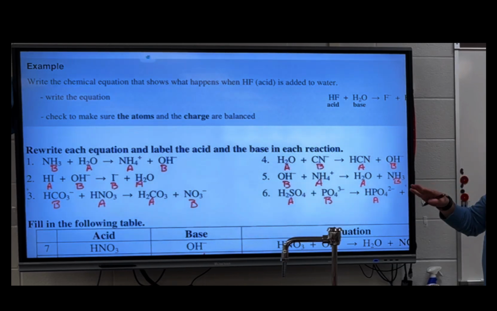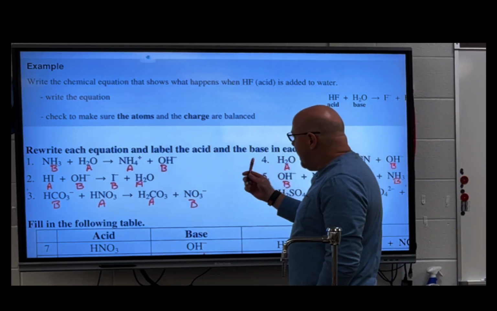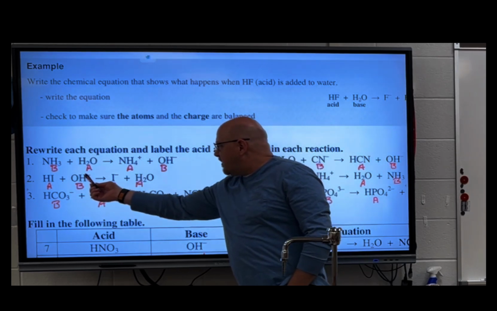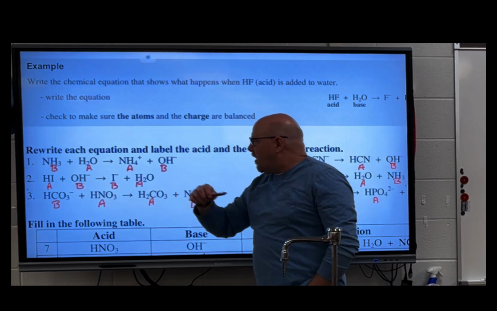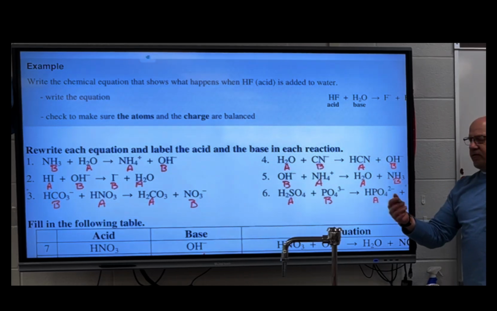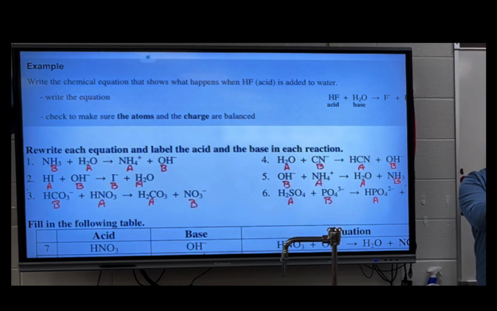We'll look at net ionic equations here in a second and revise them a little bit. But in these equations, you can see we've got charges on stuff.